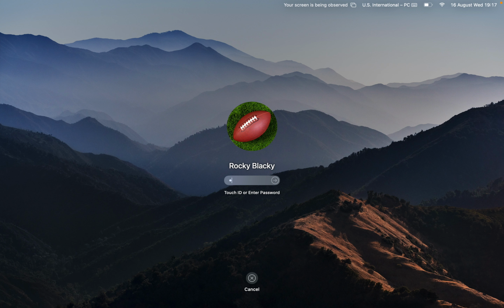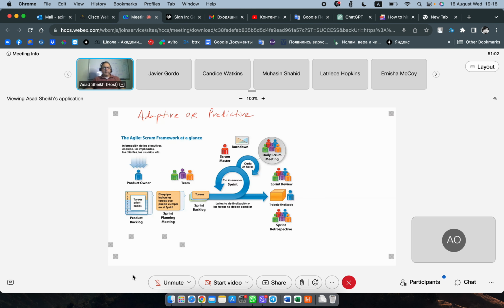First of all, when we talk about agile, we are talking about an adaptive approach, ADAPTIVE, adaptive approach, or, no, I'm sorry, that's not correct.